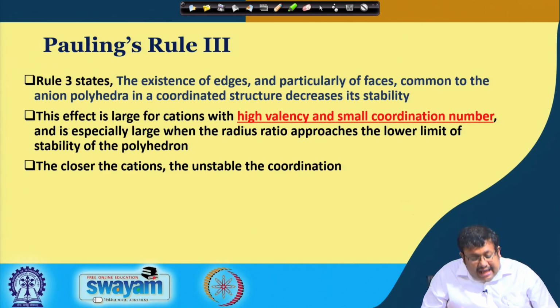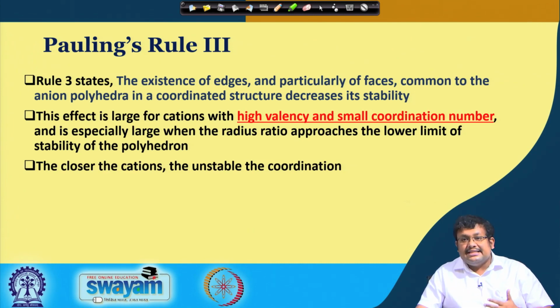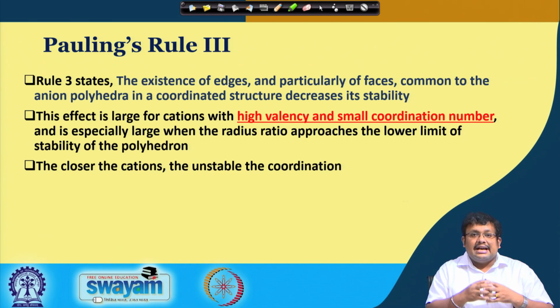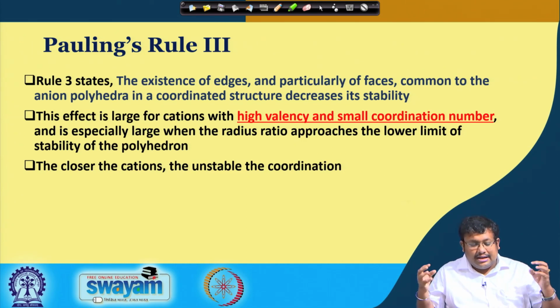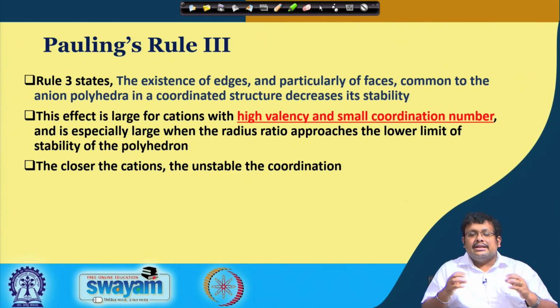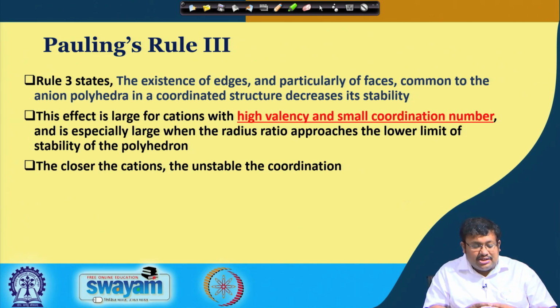This effect is large for cations with high valency and small coordination number. Why is that? Because the closer the cations, the more unstable the coordination. Obviously, when the cations become closer, there will be electrostatic repulsion. As a result of that, there will be instability in the structure.